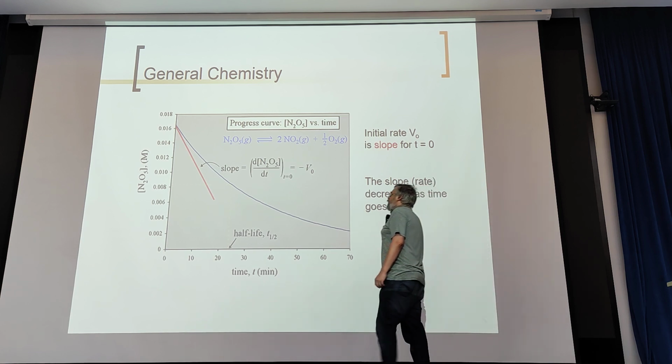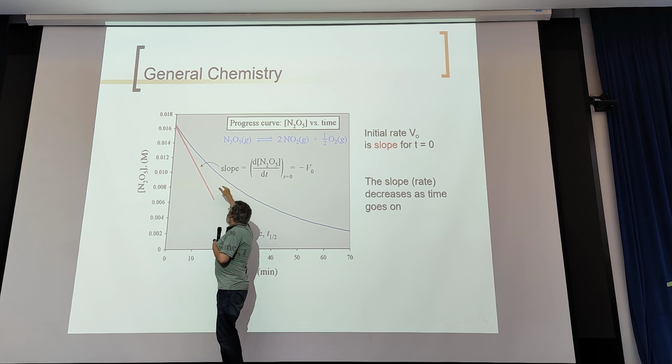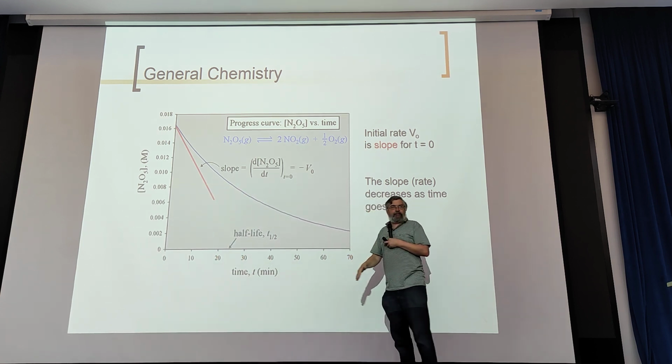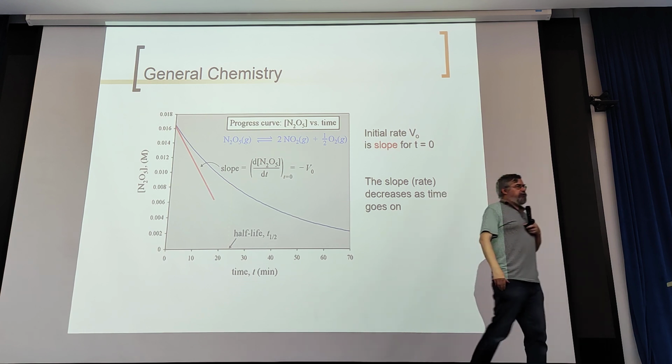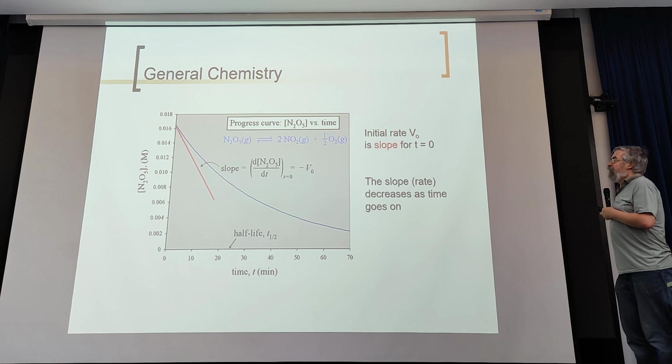What you also see is that this is the slope in the beginning of the reaction, but the slope will every time become more flat as we continue. In the beginning it's at its maximum value.